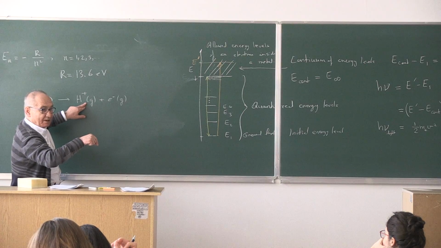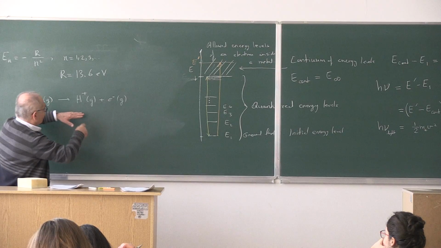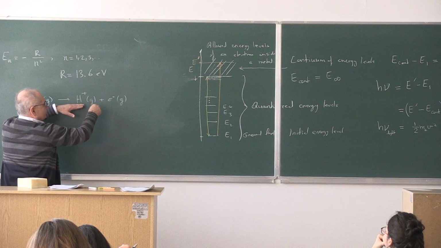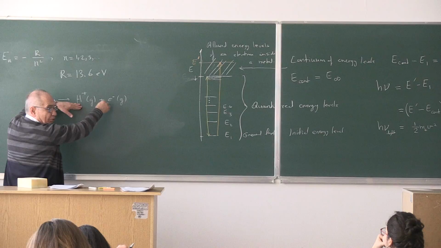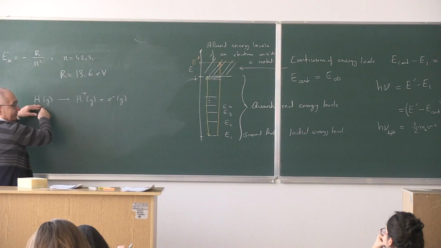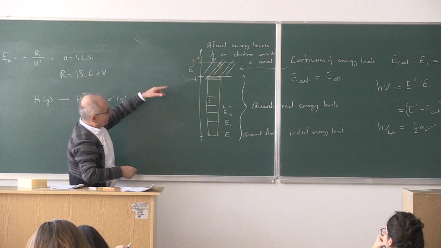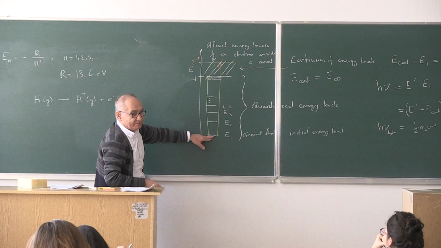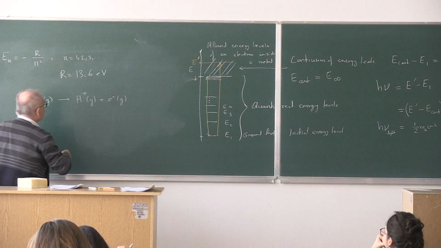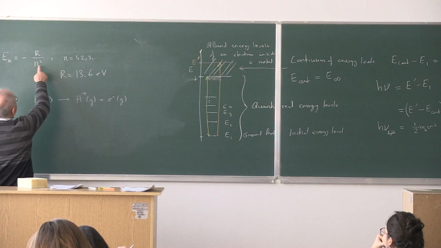Kinetic energy of the cation will also be set to zero. So here, the total energy we may simply set zero, minus the energy of the reactant. In this case, reactant is a hydrogen atom with this energy, ground level. And the ground level is, what is it?